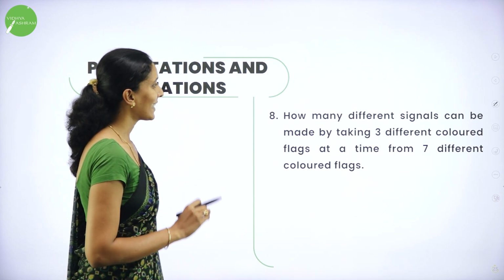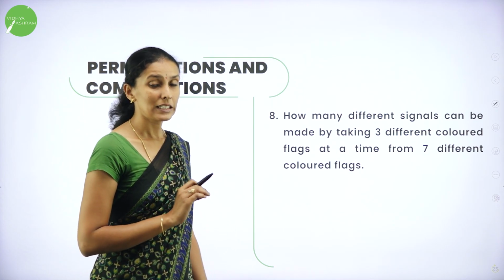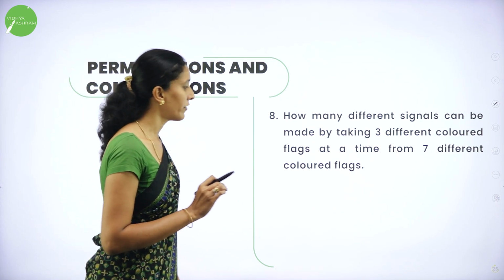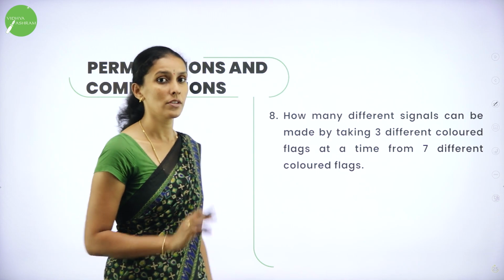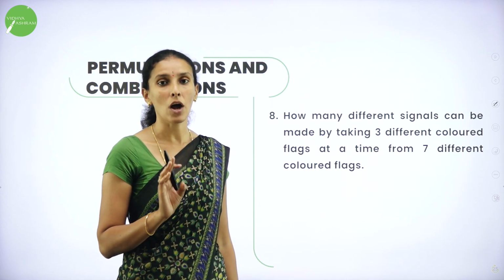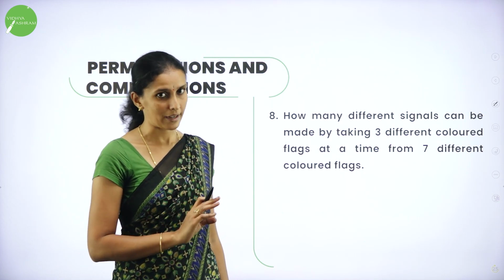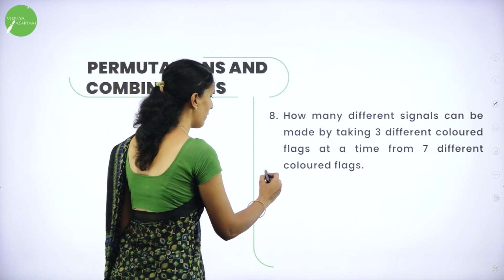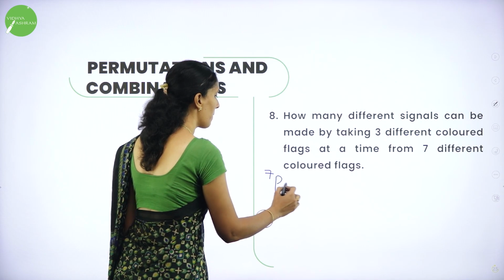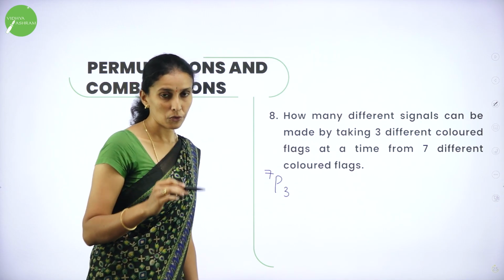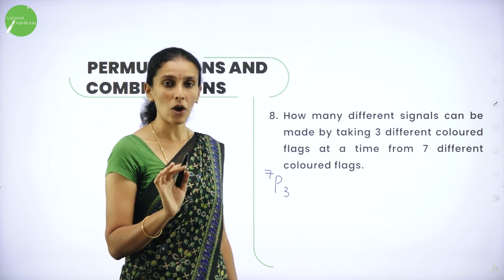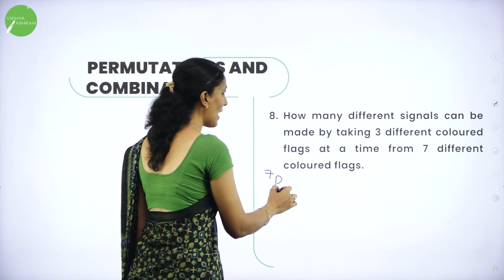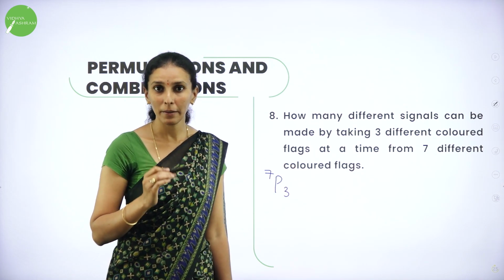How many different signals can be made by taking 3 different colored flags at a time from 7 different colored flags? So you have to choose 3 different colored flags out of 7. This can be formalized in permutation as 7P3, because you have to choose only 3 flags out of 7 and arrange them.